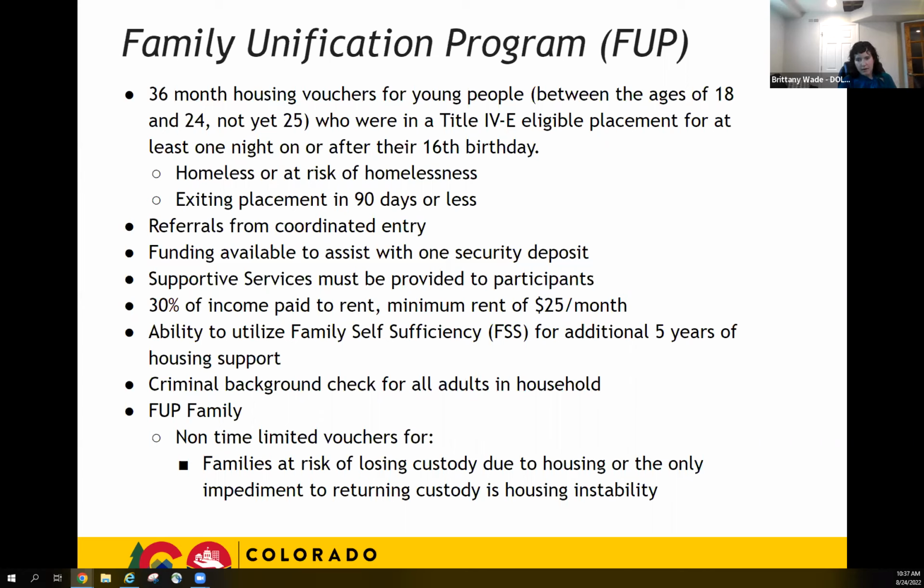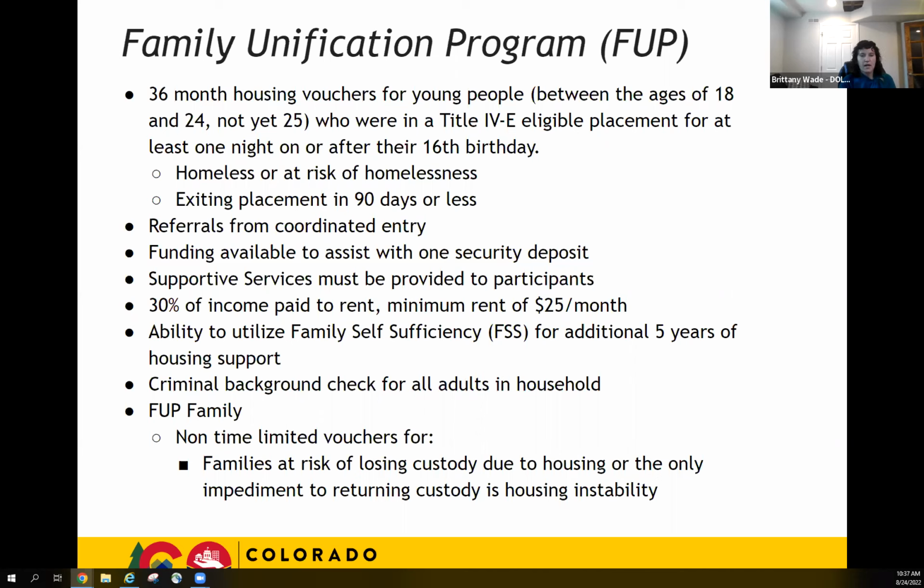There are criminal background checks for all adults in the household, and so that follows our HCV requirements for exclusionary offenses.